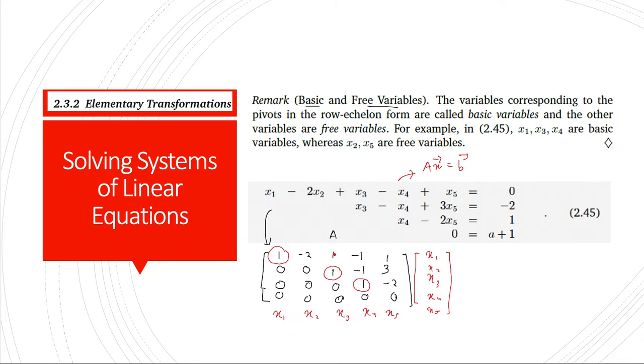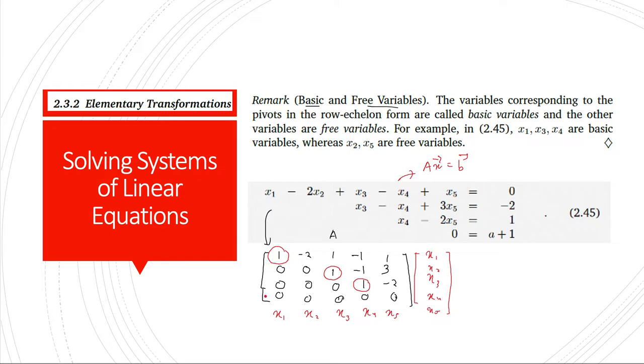The third column with x3. The fourth column with x4. And the fifth column with x5. By having that, automatically we know that the i-th column represents xi.